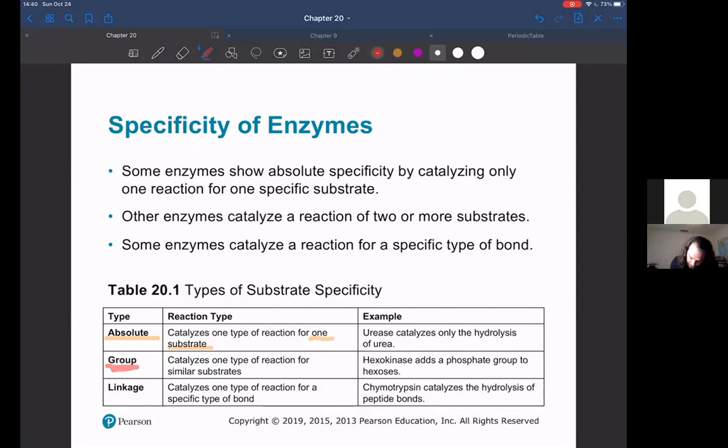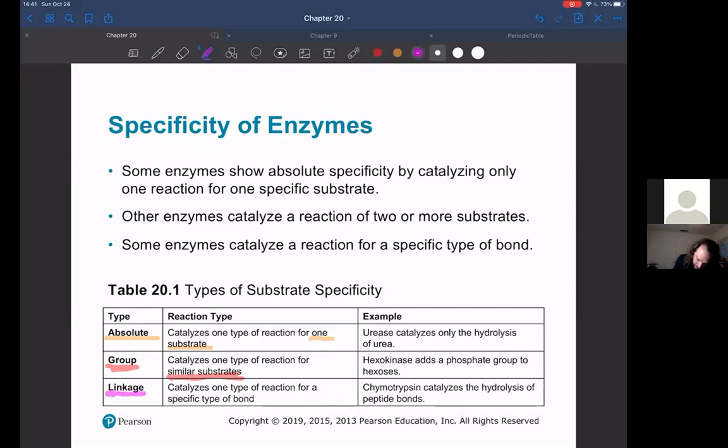The example here is hexokinase, which will add a phosphate group to any hexose. So glucose, galactose, any of those 6 carbon sugars, hexokinase can recognize and add a phosphate group to. That would be an enzyme with group specificity.